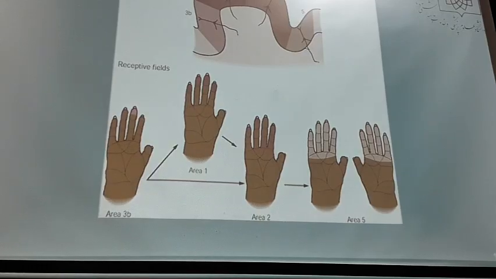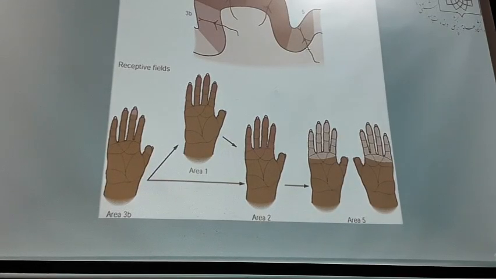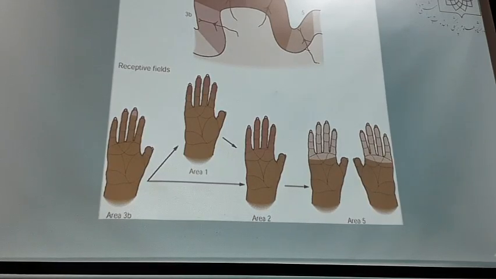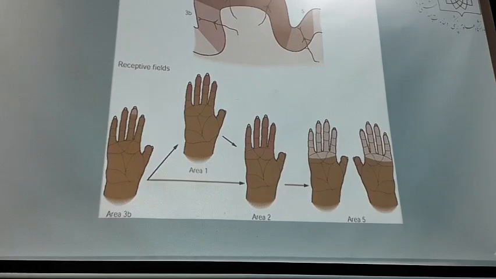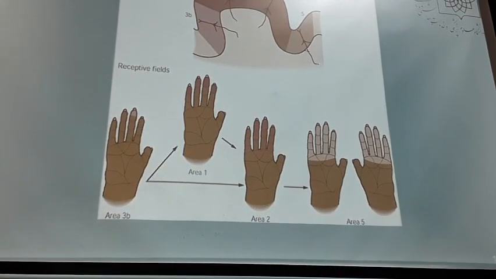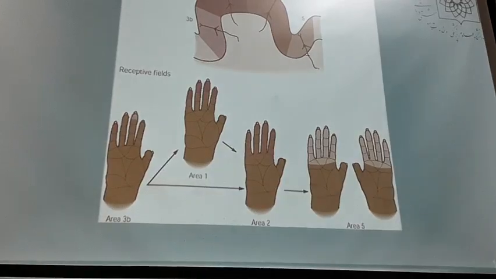Let me bring you another example. In about, I think, early 90s, there was a case report in the British Journal of Medicine. And the title of this paper was Nail in the Wood.